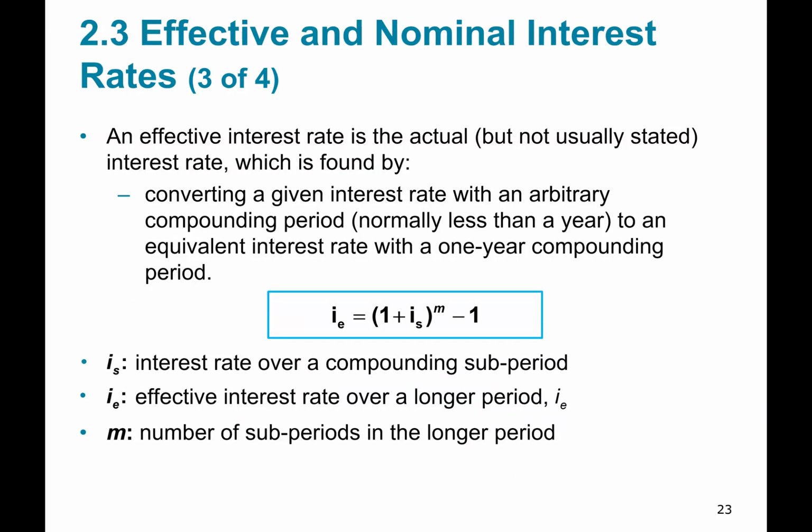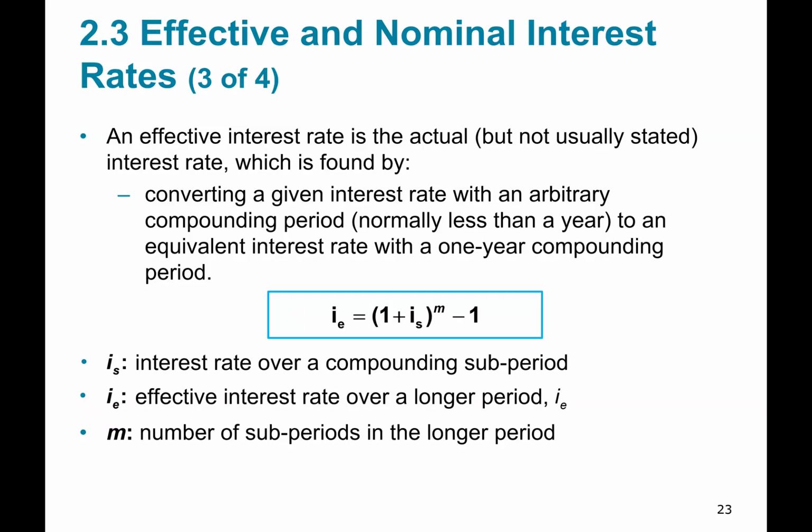Now, an effective interest rate is the actual but not usually stated interest rate, which is found by converting a given interest rate with an arbitrary compounding period, normally less than a year, to an equivalent interest rate with a 1 year compounding period, shown as below, where i_s is the interest rate over a compounding subperiod, i_e is the effective interest rate over a longer period, and m is the number of subperiods in the longer period.